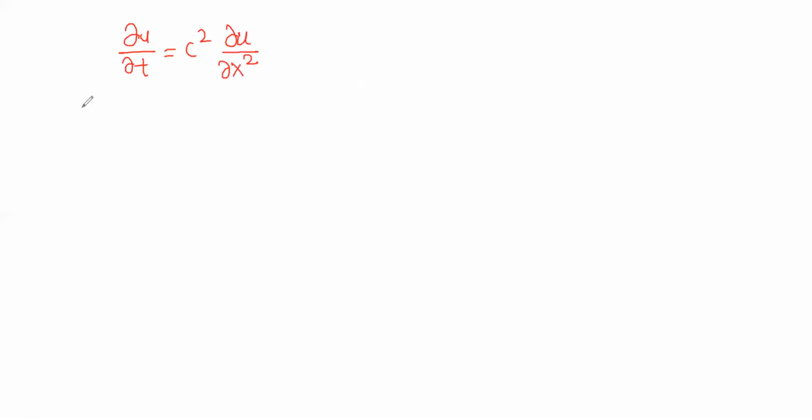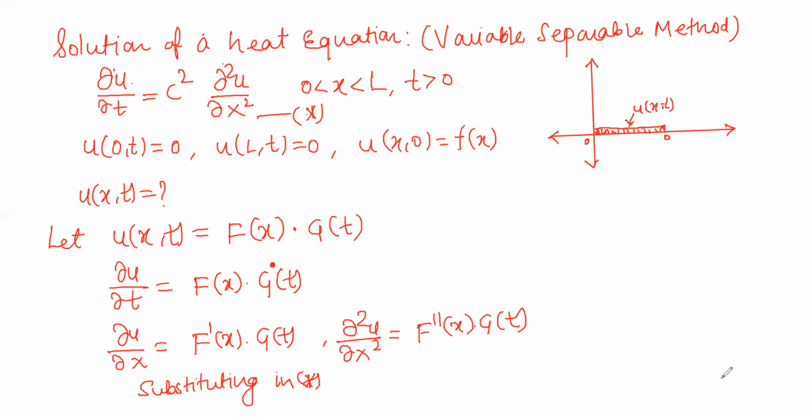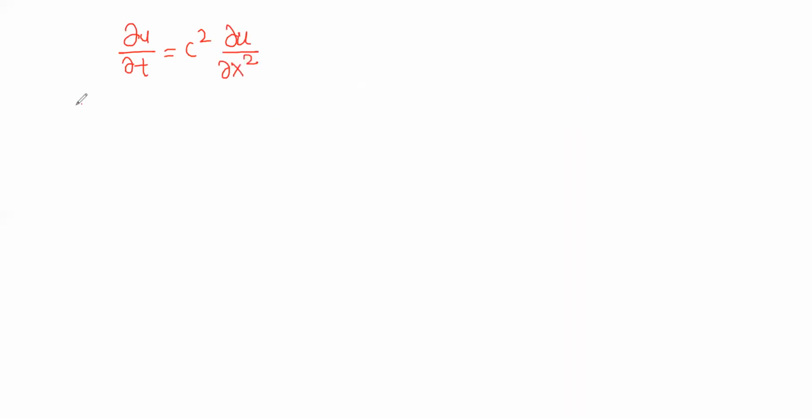Now consider del u by del t, from the previous slide: it was f of x and g dot t. So let's substitute here.